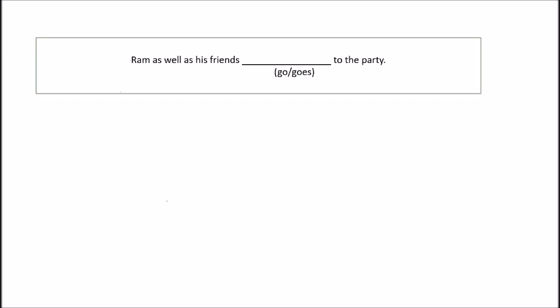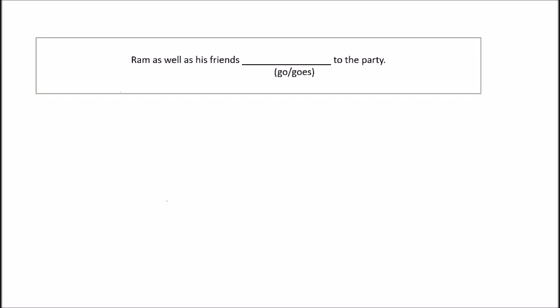Coming to a few other examples to understand this concept well. The first example is Ram as well as his friends dash to the party. So, what are the two nouns here? Ram and friends. Ram is singular, his friends plural. Applying the eliminating middleman concept, what is eliminated here?